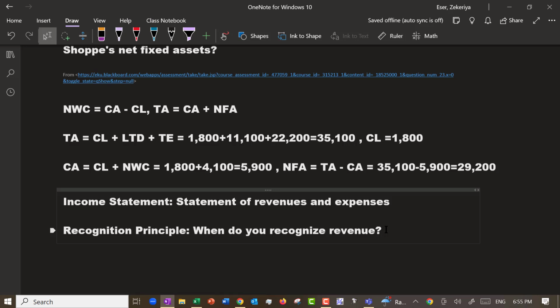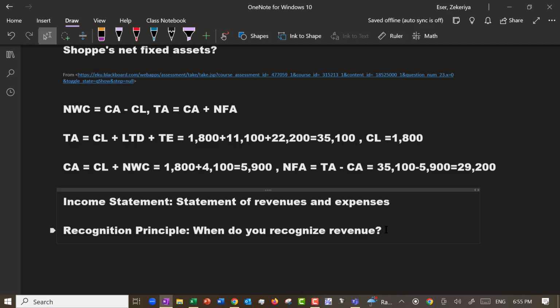Unlike cash accounting, in modern accounting we recognize what we call accruals. The cash doesn't have to be in your bank account for you to recognize the sale. I sold you a computer and you pay me $100. Fine, that's a sale.